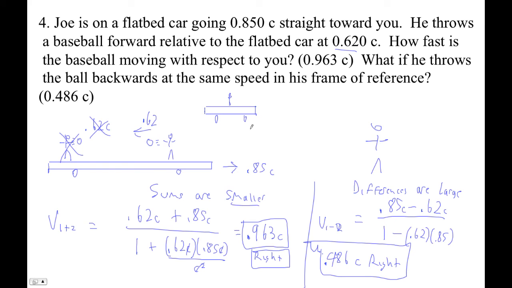And so when they throw it backwards, it comes out of that frame of reference and uncontracts. It kind of dilates back to a more normal speed, and so the difference is actually bigger. And when they throw the ball forward, you're increasing the velocity. And so anyway.